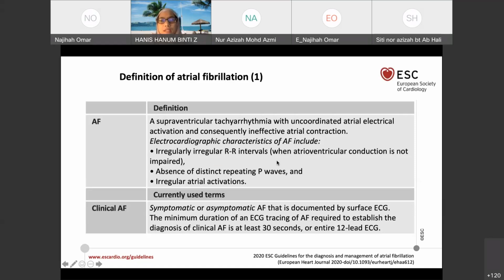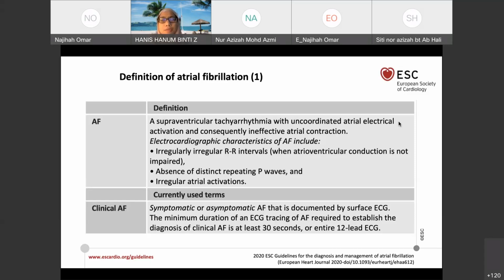So as you can see, the keyword here in atrial fibrillation is that there is an uncoordinated atrial electrical activation. Kalau you tengok most of AF videos pun, that's what they show. Due to this uncoordinated atrial activation, there is an ineffective atrial contraction. So AF is an electrical disease of the heart.